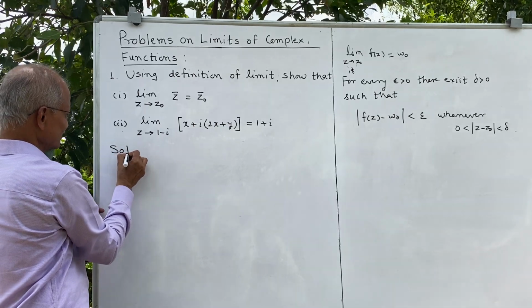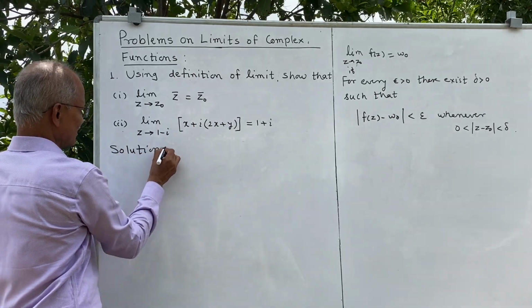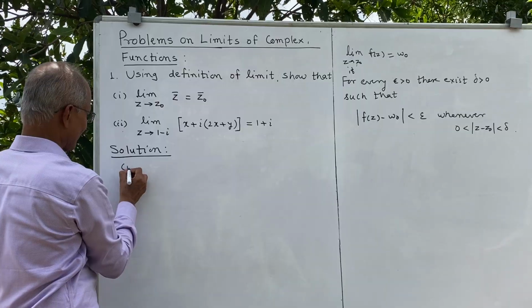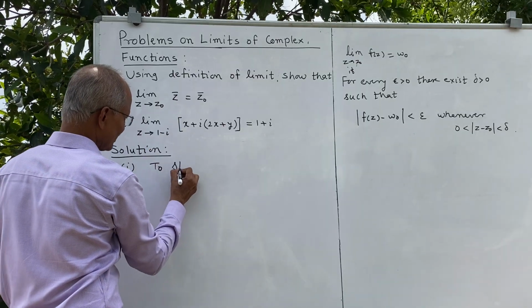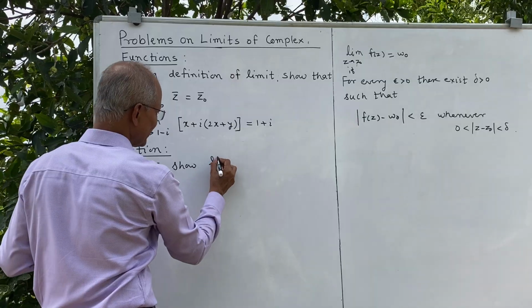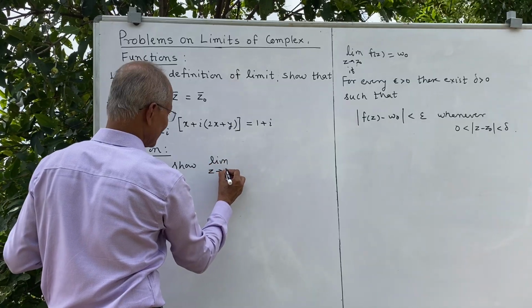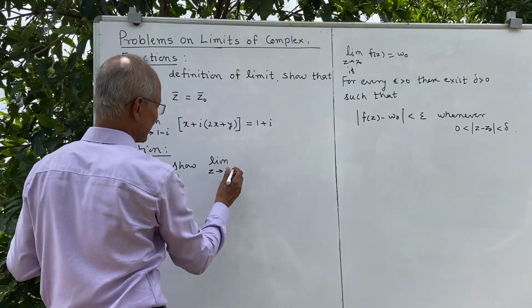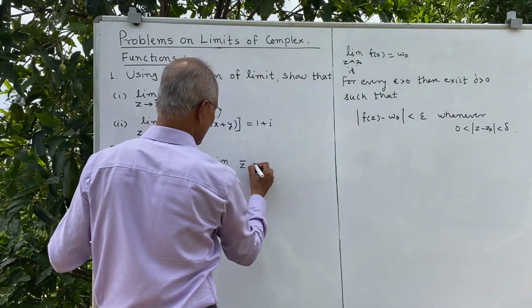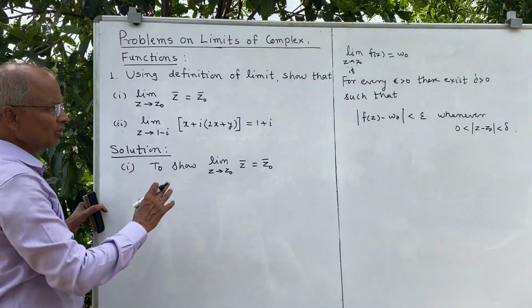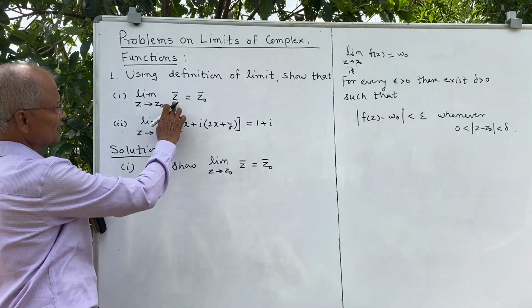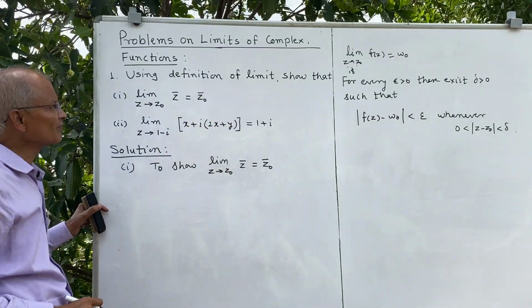Now, we shall consider the solution of the first, to show that limit z tends to z naught of z bar, the conjugate of z, is equal to z naught bar. But you see what is z and what is z bar.